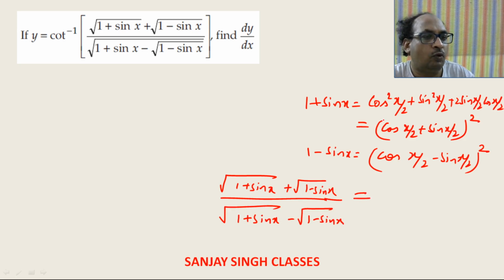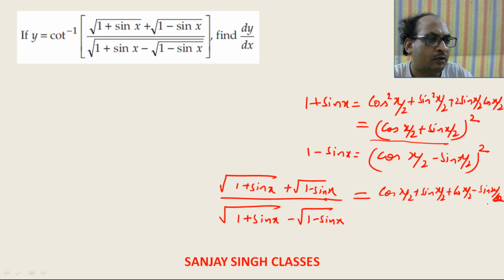Due to the square, taking the square root, it will become cos x by 2 plus sin x by 2 plus cos x by 2 minus sin x by 2, divided by, similarly, cos x by 2 plus sin x by 2 minus cos x by 2 plus sin x by 2.